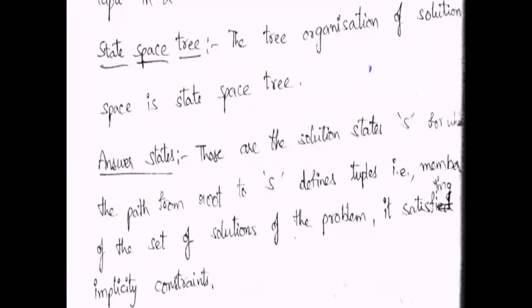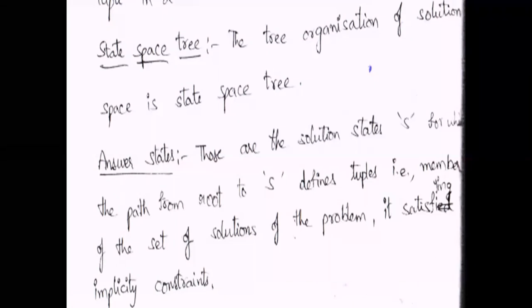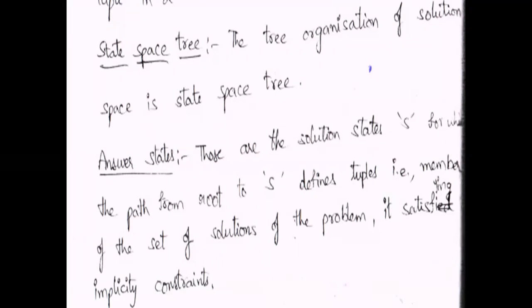In all problems you are finding the answer state. What is meant by answer state? The answer state is the solution state S for which the path from root to S, where S means any problem state, defines the tuple that is a member of the set of solutions of the problem. It must satisfy the implicit constraints and the criteria function.